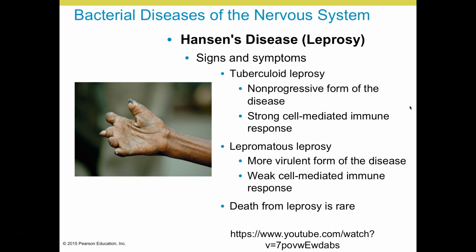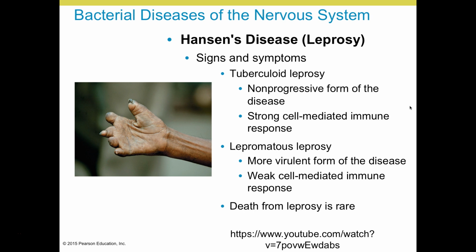Okay, leprosy. This is another type of disease, and we have different types of leprosy: tuberculoid and lepromatous. Tuberculoid leprosy is not progressive. It shows a cell-mediated immune response. However, lepromatous is a more virulent form of the disease, with a weak cell-mediated immune response.